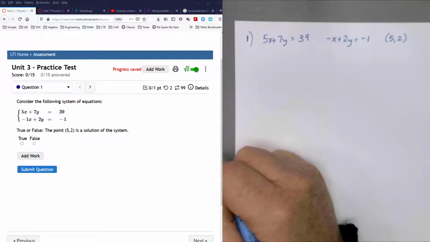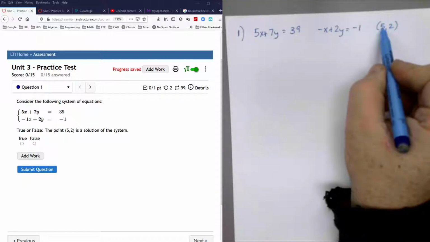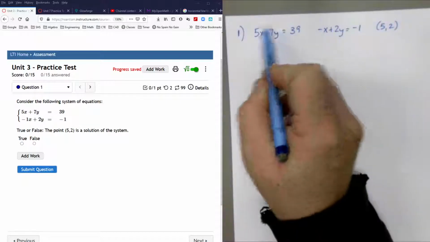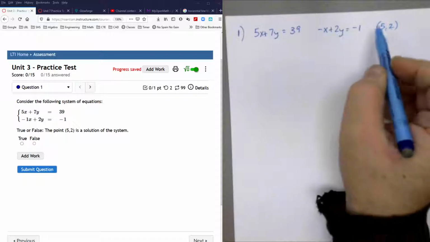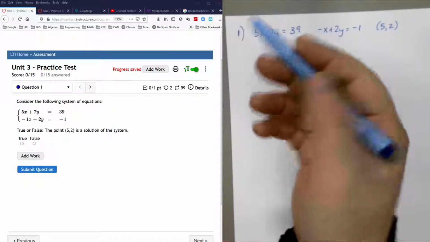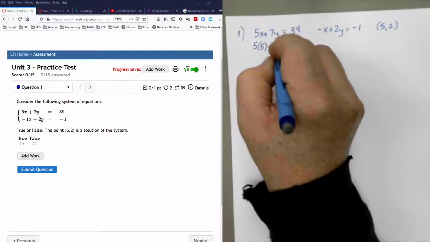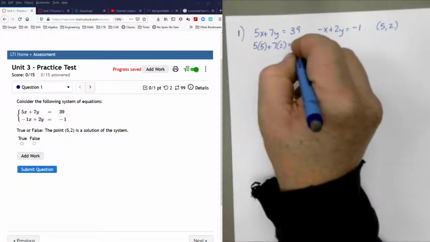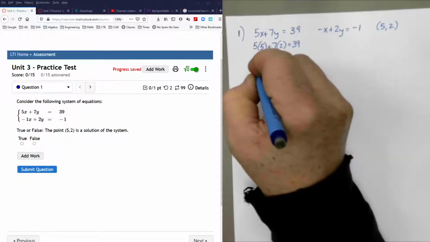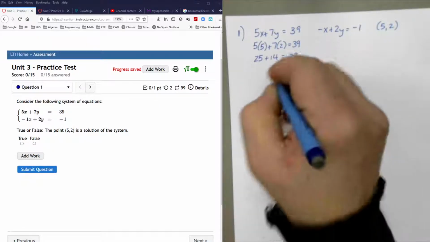So in order to be a solution to this system, the point (5, 2) would have to be on both of these lines. So the way that I check that is I just plug 5 and 2 in for x and y, and then see if they're true. So this would be 5 times 5 plus 7 times 2, and that should equal 39. So it's going to be 25 plus 14 is 39, and that is true.